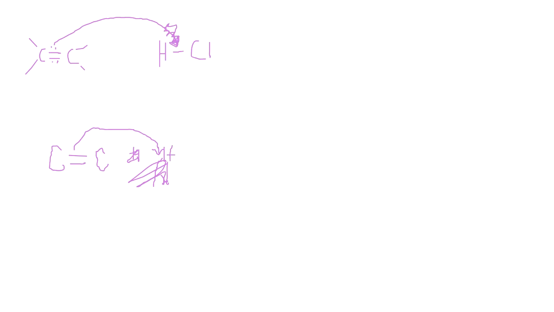Come from the most negative part, the center of the double bond, to the most positive part. Chlorine, the person at the bottom, they're struggling, but they got it. Good try, both of you.